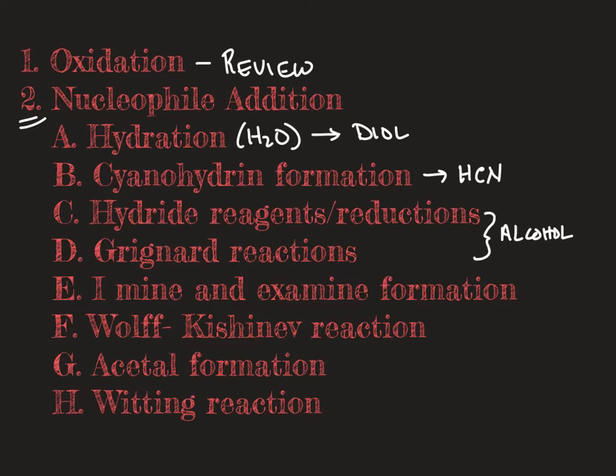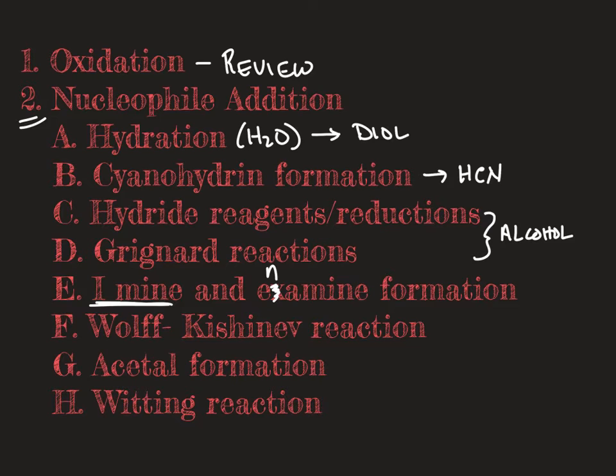We've got imine and enamine. We've got some autocorrect issues here. This is one word. So imine and enamine formation. Here, depending on what reagent you're using, both of them are going to be amines, but whether it's primary or secondary will determine if you get imine or enamine.